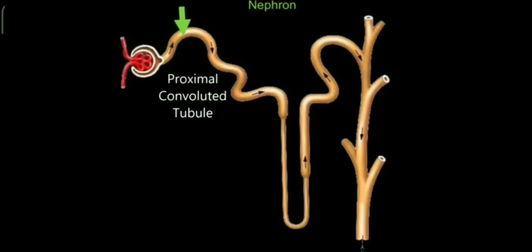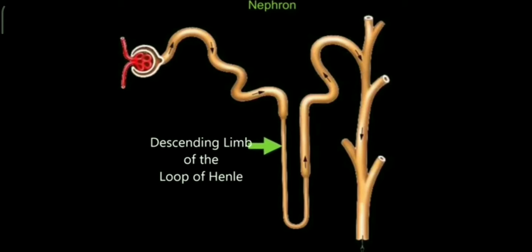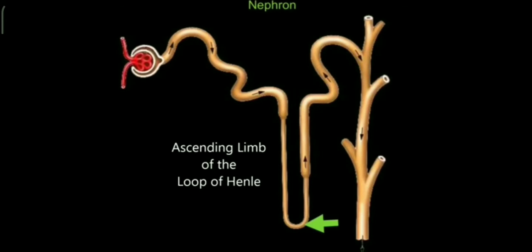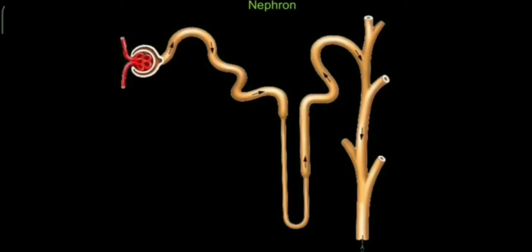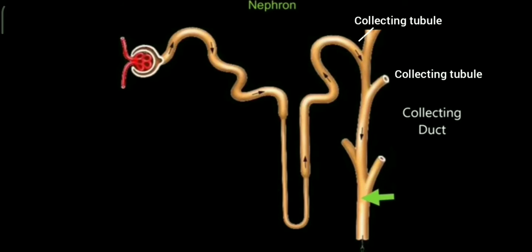The first part here you can see is PCT, that is proximal convoluted tubule, which extends into descending limb of loop of Henle. Ascending limb of loop of Henle is connected to DCT, that is distal convoluted tubule, which is connected to collecting duct through collecting tubules.